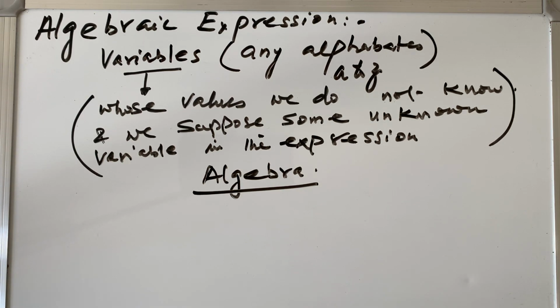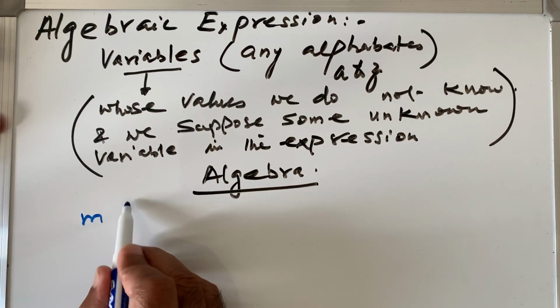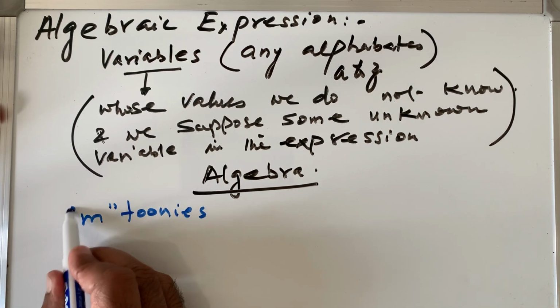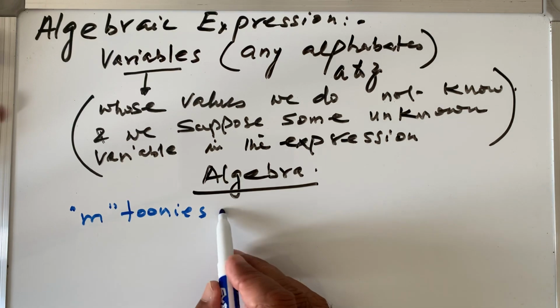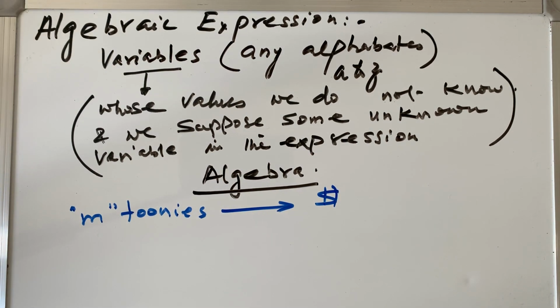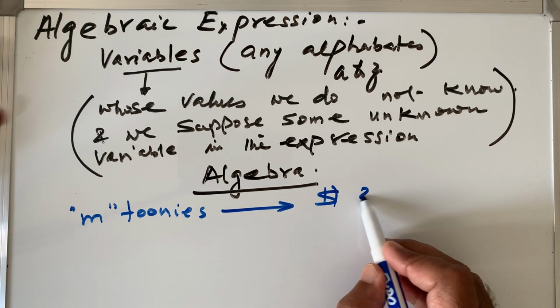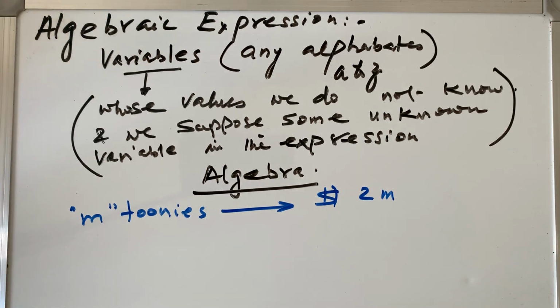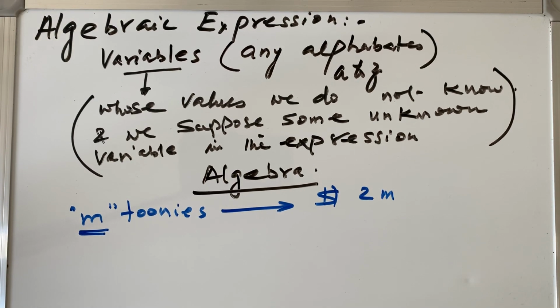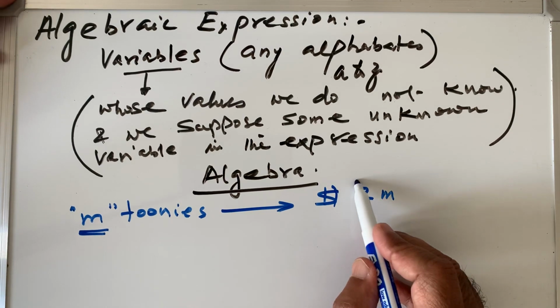For example, if the statement is M Tunis, right? We don't know how many Tunis we are talking about, and I want to convert it into dollars. How can I express it in dollars? I can say 2M. However many Tunis it may be, like 2 Tunis, 4 Tunis, 1 Tunis, I can get my dollars from this expression.